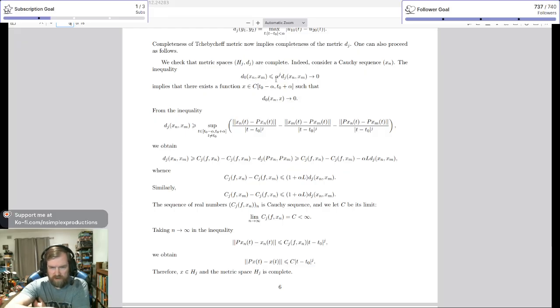We obtain that P x of t minus x of t is less than or equal to c times t minus t0 raised to the j. Therefore, x is in h sub j, and the metric space h sub j is complete.